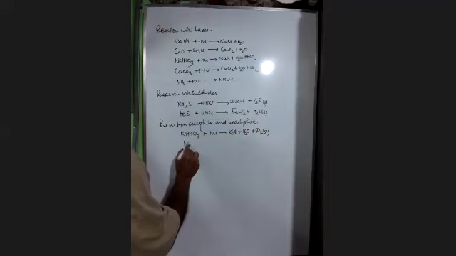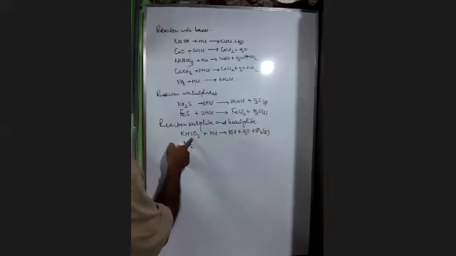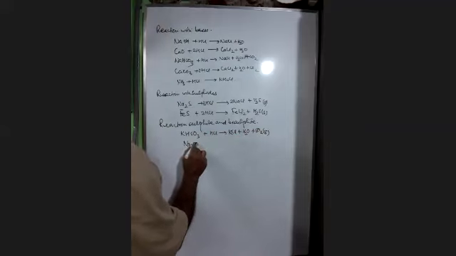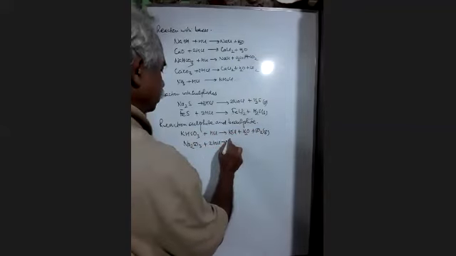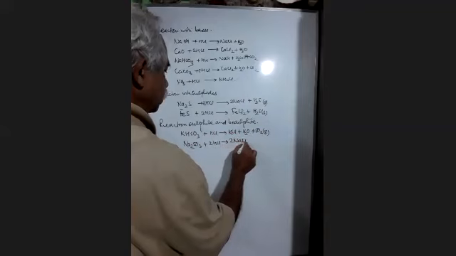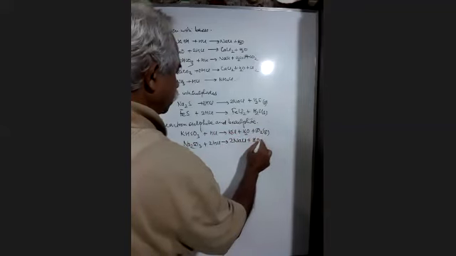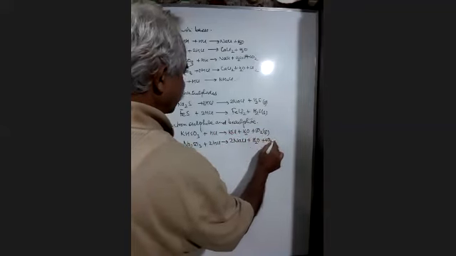If you have taken sodium sulfite, this is bisulfite and this is sulfite. Na2SO3, 2HCl is going to give you 2 sodium chloride, H2O plus sulfur dioxide.